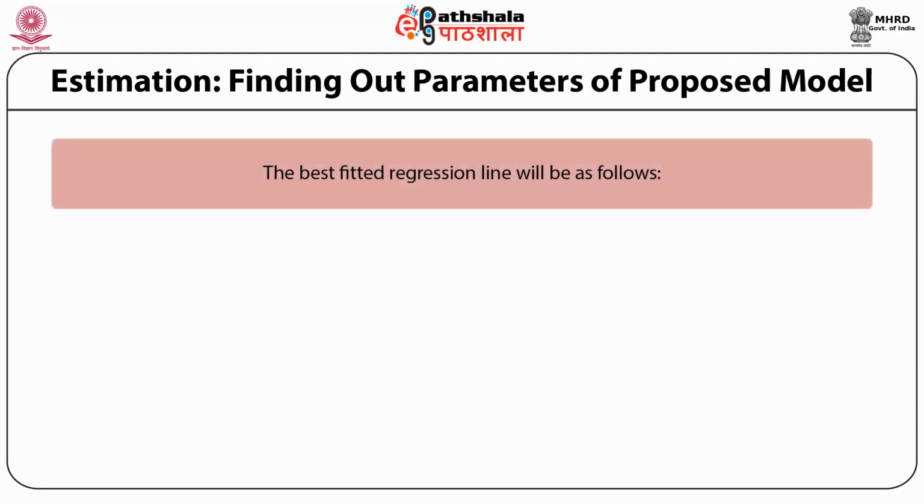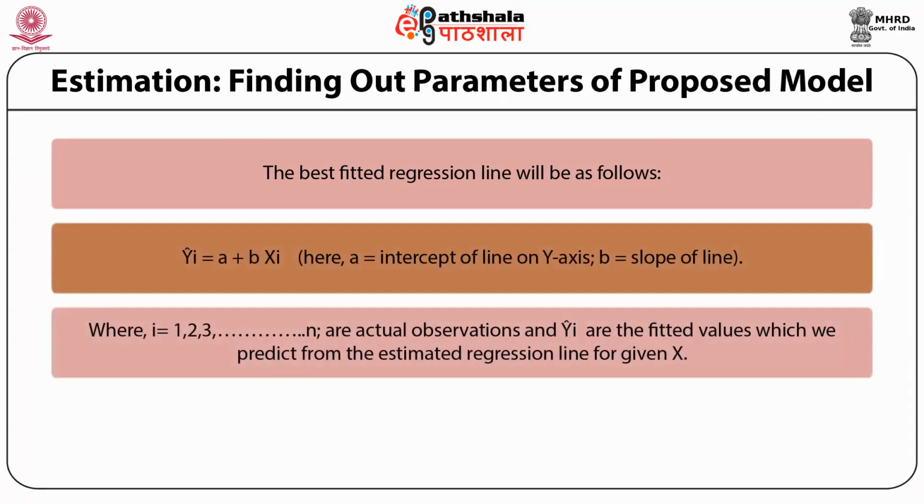Best fitted regression line would be y is equal to a plus bx and x is equal to a plus by, when x is the dependent variable. So for two unknowns we need to have two normal equations, and method of least square suggests the following two equations to calculate the value of a and b.